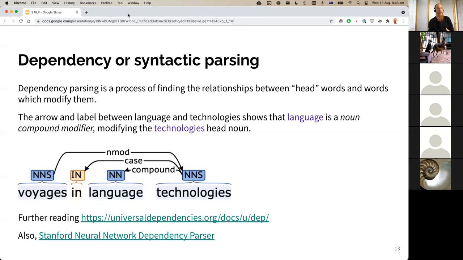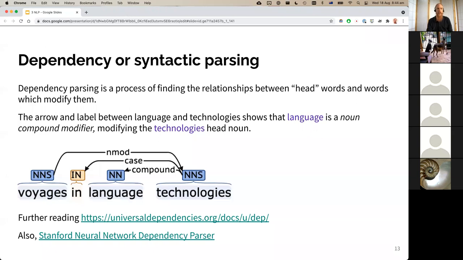So that's all very important as parts of developing technologies that can get to be useful for people in day-to-day communications. So this process, dependency or syntactic parsing, is slightly next level, where it's combining a few other tokenization and part of speech tagging techniques into then looking at the relationships between words in a sentence.